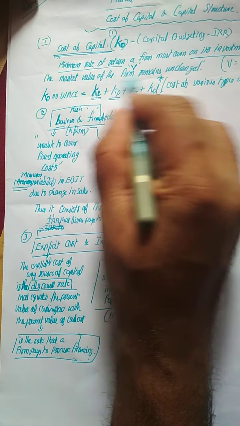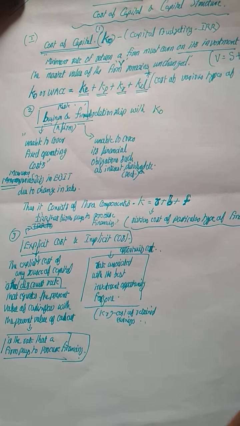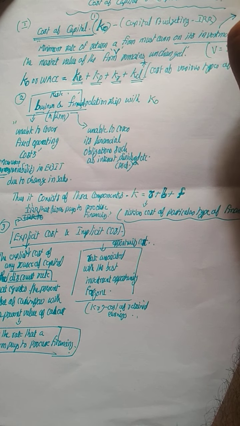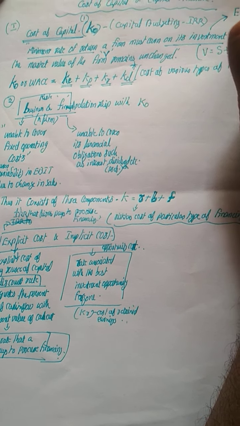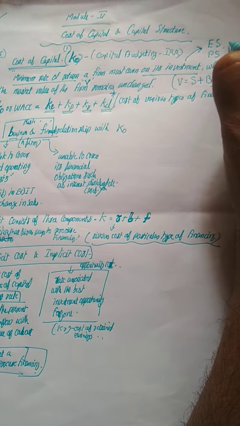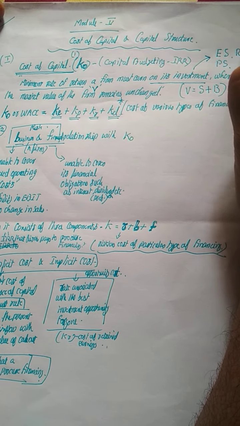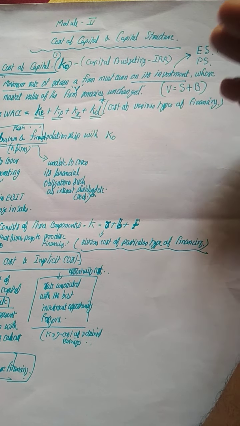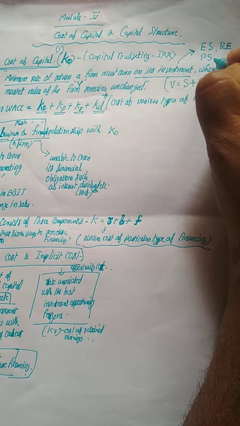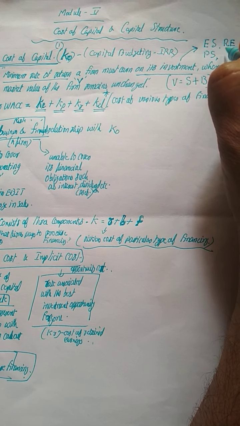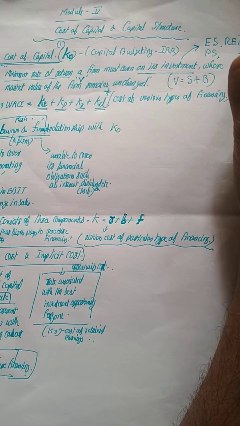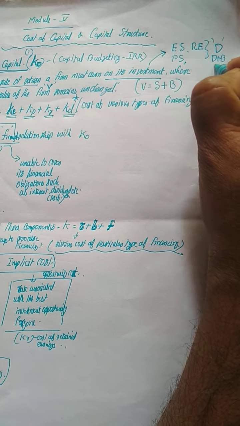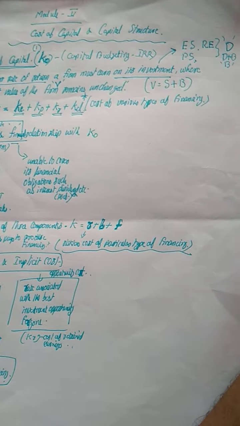Why does it constitute all these things? Because as far as a company is concerned, the investment into the company will be in the form of equity shares, preference shares, and the company's yearly retained earnings or reserves, which is accumulated from the profit or transferred from the profit. And similarly, the company may also raise, apart from this, debt capital, which may include debentures, bonds, and other borrowings or loans.